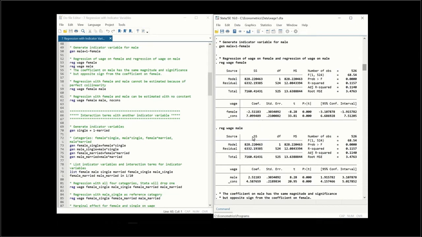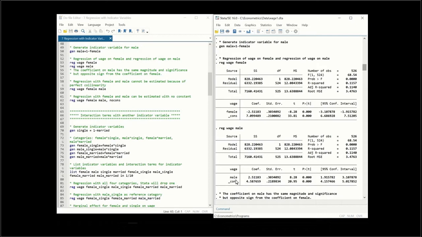And again, here the intercept would be the average value of wage for males. If you do this plus this coefficient, that would be exactly this coefficient, 4.59. And this will be the average wage for females in a regression where male is the independent variable.